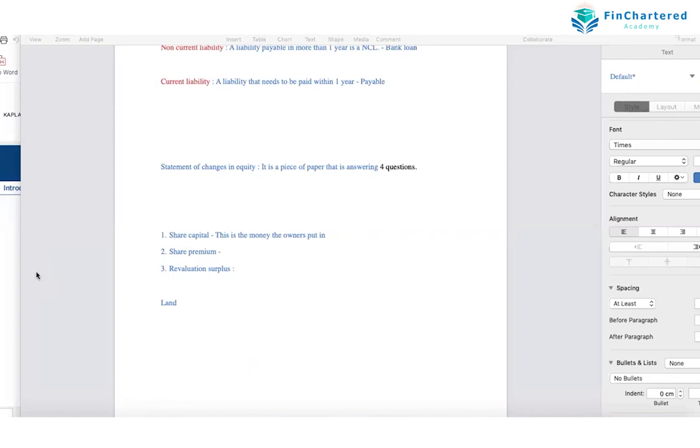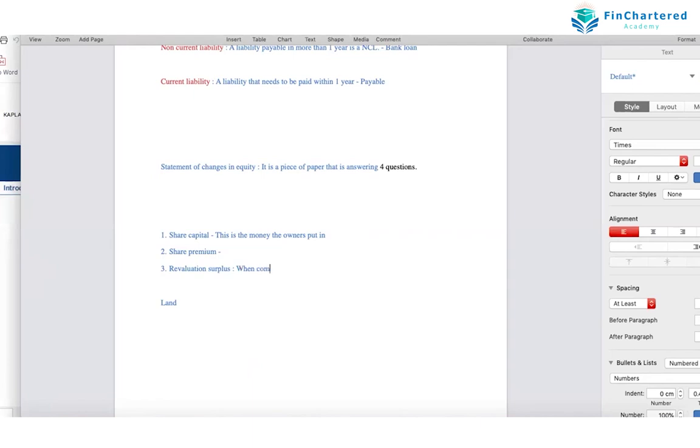This is basically when company assets increase in value, it belongs to the owners, and therefore is found under equity, in the statement of changes in equity. That is the revaluation surplus.